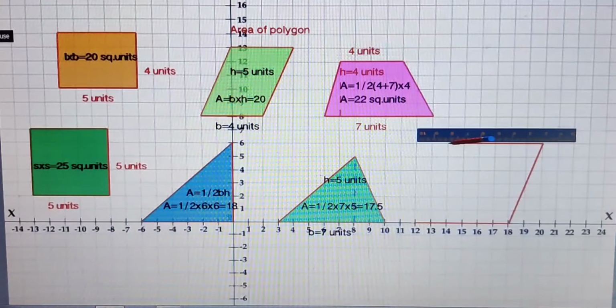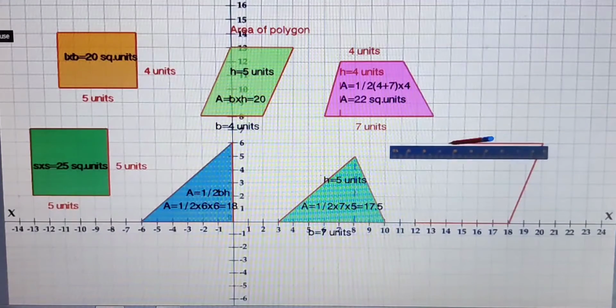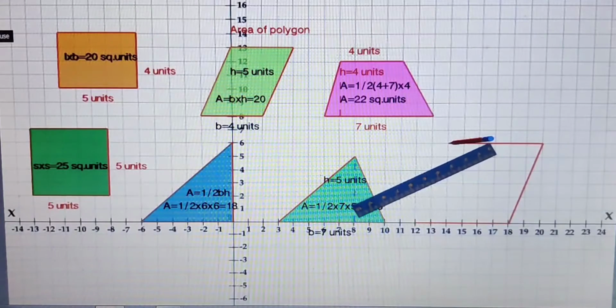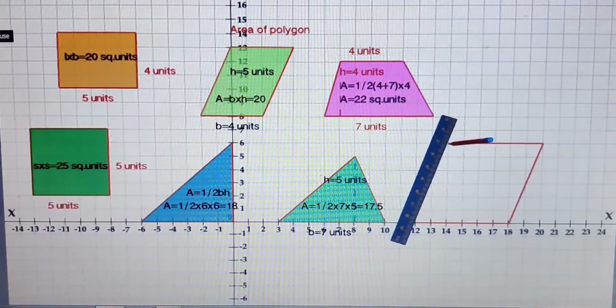And the upper line is also 6 units. It means all the 4 sides are equal and parallel. It is a rhombus. All the 4 sides are equal. If all angles are equal to 90 degrees, therefore it is a square, otherwise it is a rhombus.